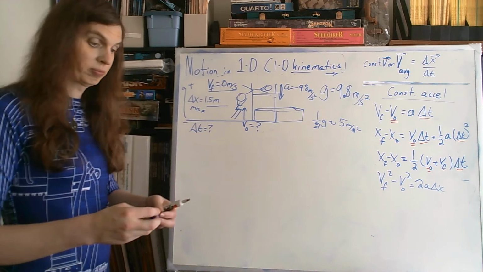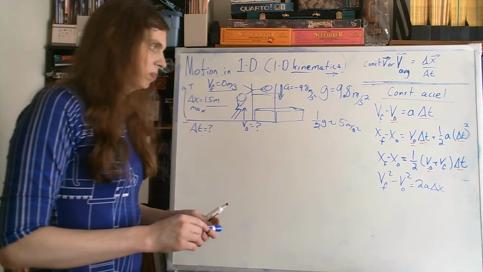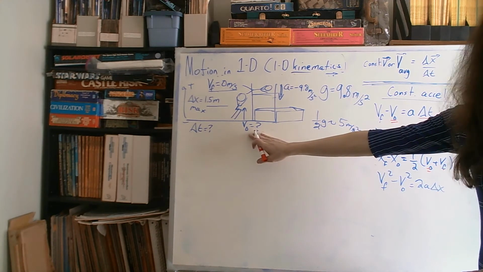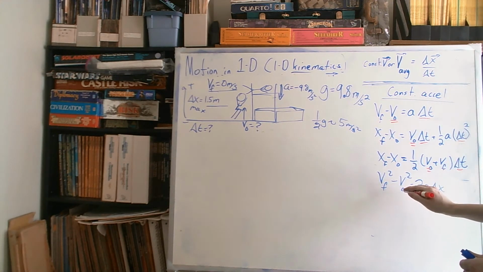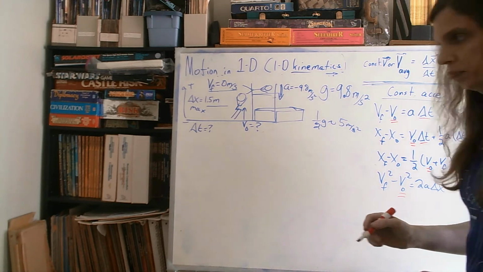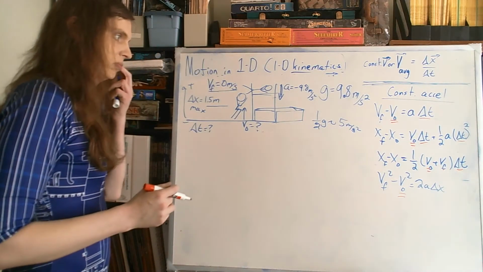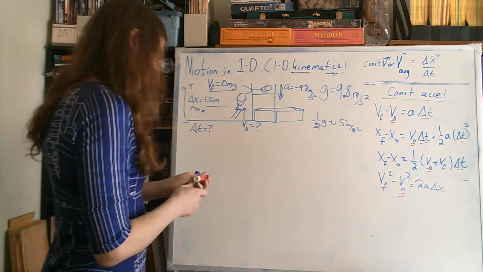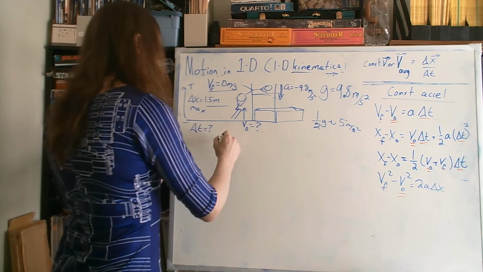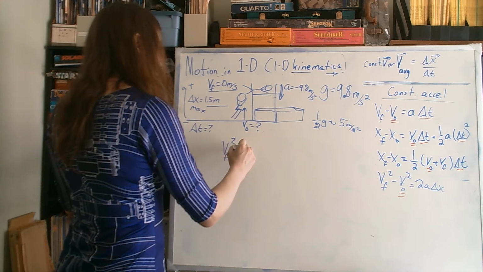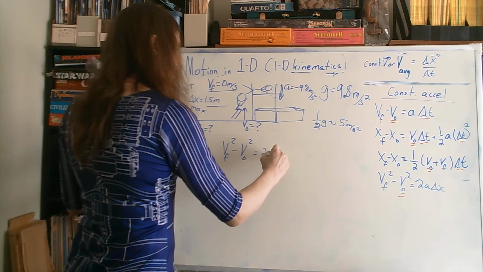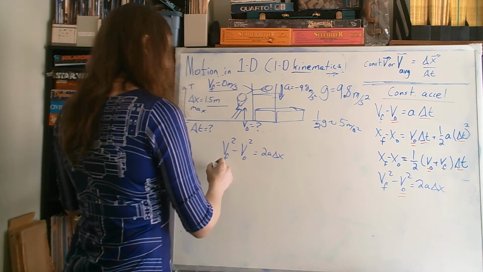Okay, so now we go back to our original problem where we're trying to find the original speed. This new equation, that's our only unknown. So we can go ahead and solve for that. The final squared minus the original squared equals 2a delta x.